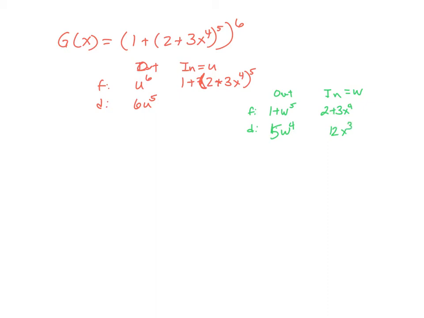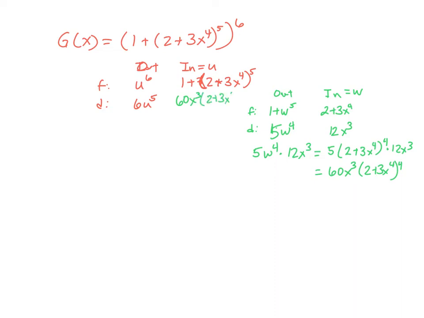And so the derivative altogether would be 5w to the fourth times 12x to the third, or instead of w, that's really 5 times 2 plus 3x to the fourth times 12x cubed, or 60x cubed, 2 plus 3x to the fourth. That's what I put here.